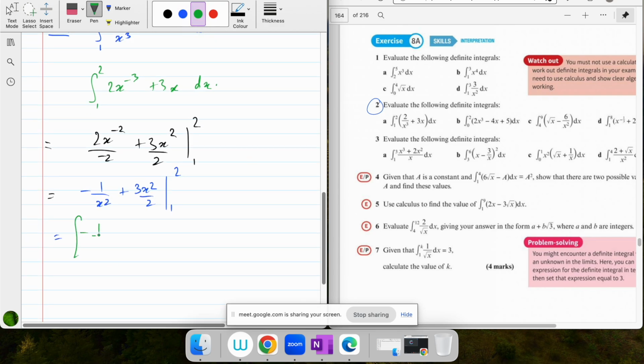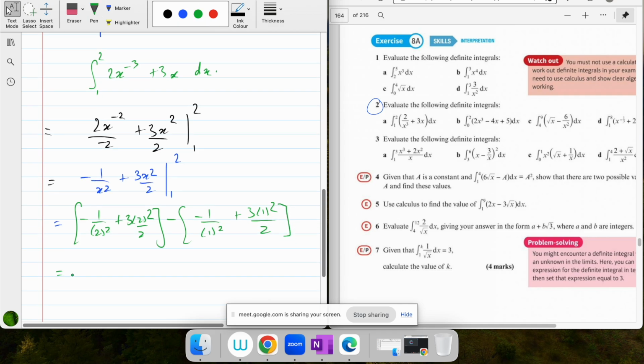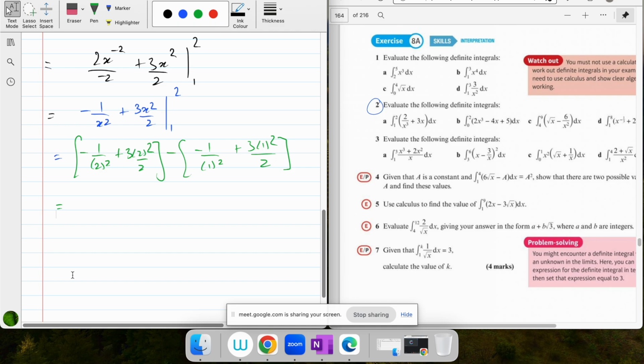So upper limit: minus 1 over 2 squared plus 3 into 2 squared by 2, minus the lower limit: minus 1 over 1 squared plus 3 into 1 squared by 2. So let's simplify. This is negative 1 by 4. 2 times 4 by 2 is 2, 3 times 2 is 6.